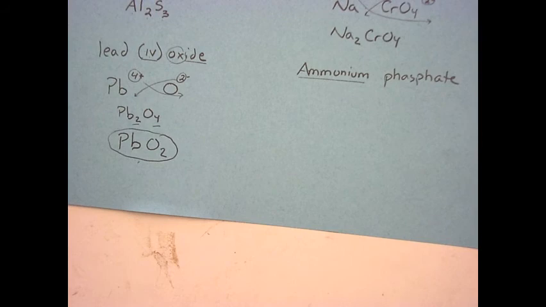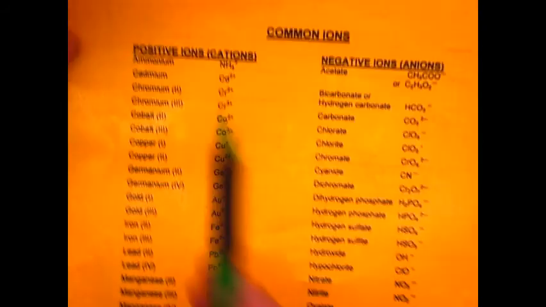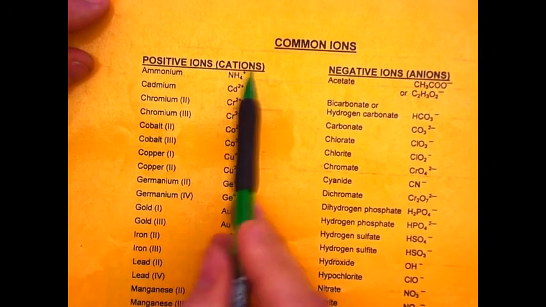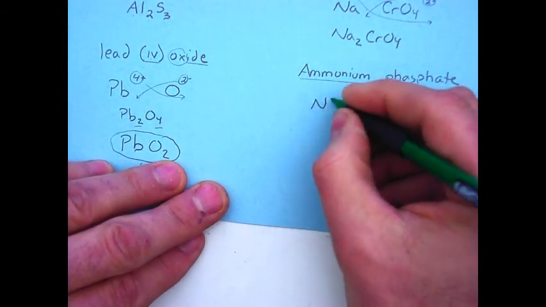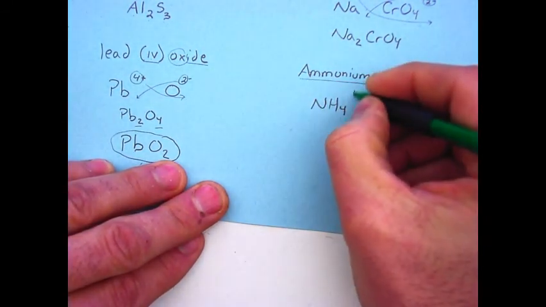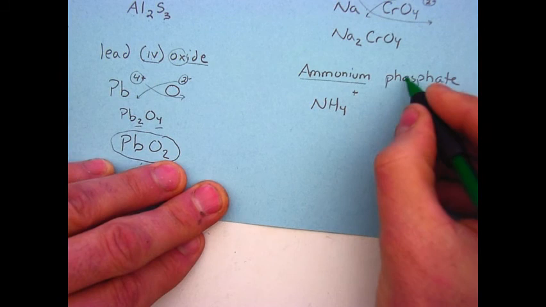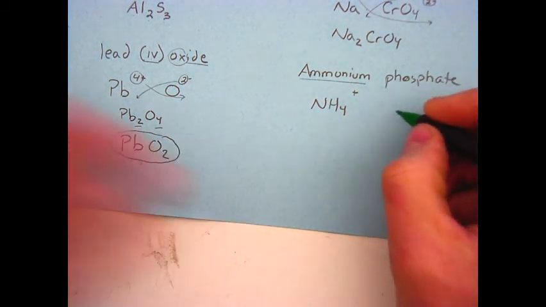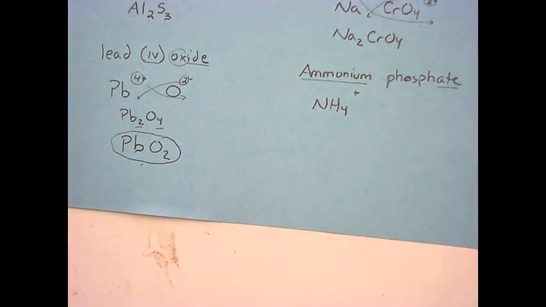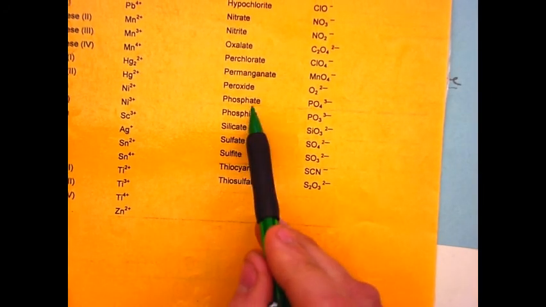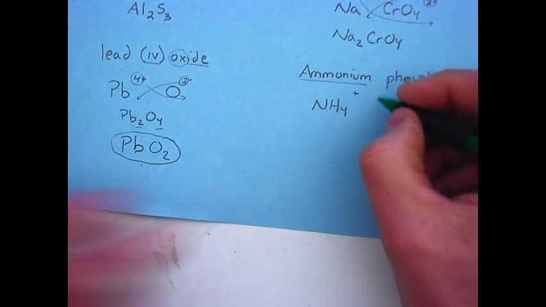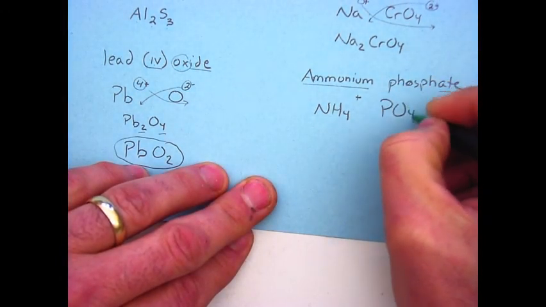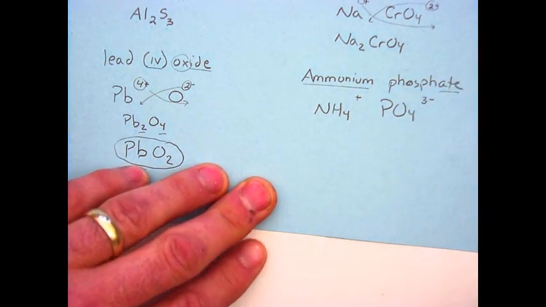And I told you that you need to just memorize the fact that ammonium is a positive polyatomic cation, and its formula is NH4, and its charge is +1. Phosphate, again, it ends in ate, so I look for it on the back of the periodic table. It's right here. It's PO4 and has a -3 charge. So we have PO4, -3.